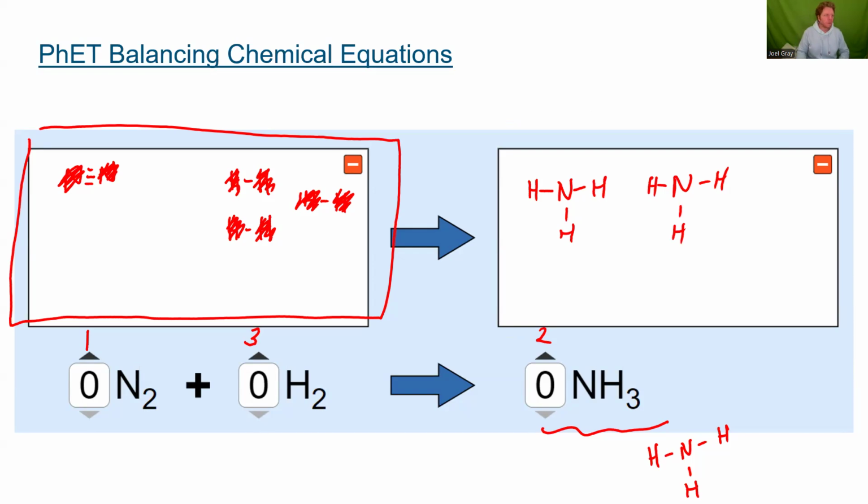Now, I'm going to bring back this idea of a recipe. Anytime that you balance a chemical reaction, you want to get the lowest possible ratio. It's kind of like when you're cooking something.